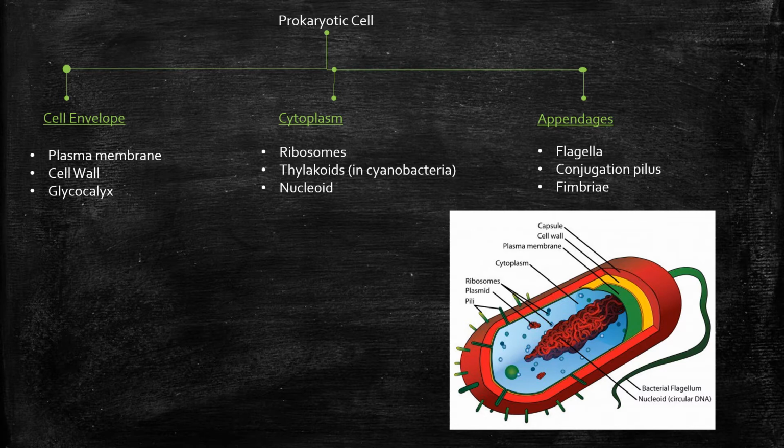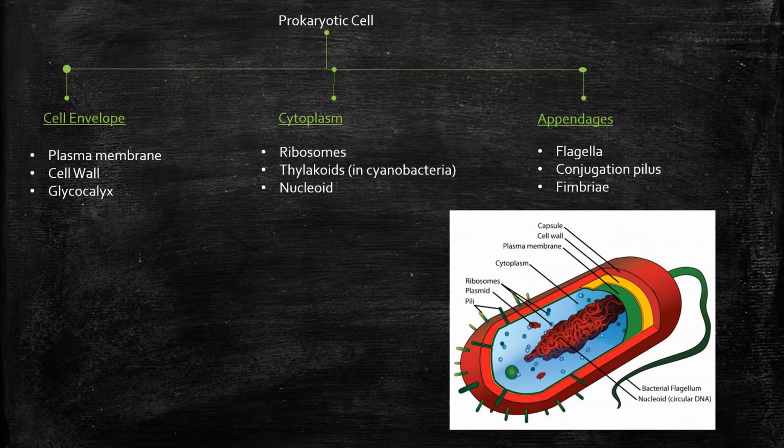And since there are no organelles, there are invaginations in the plasma membrane where processes such as respiration or photosynthesis occur. And then there's a cell wall, which provides rigidity and stability, and is especially important with fluctuation of water pressure within the cell.